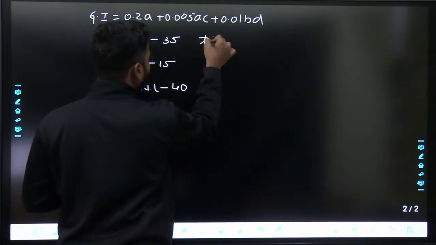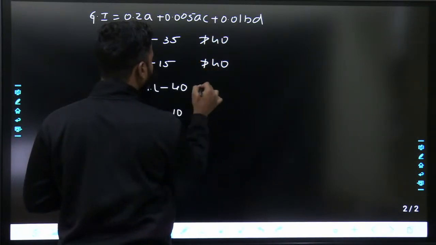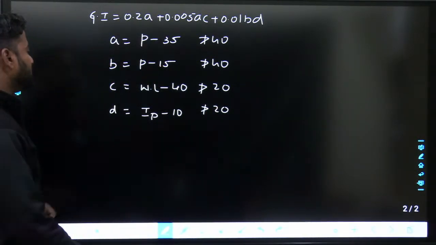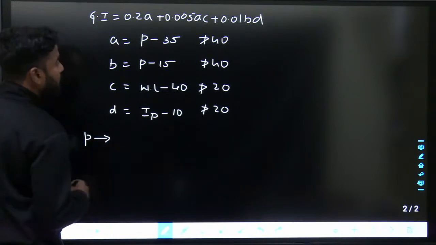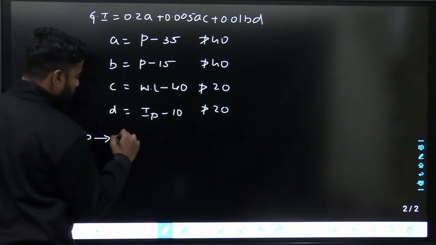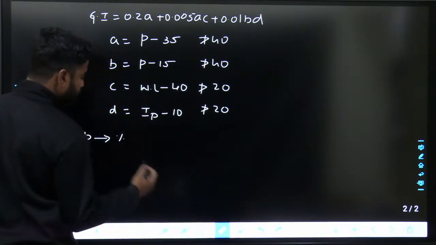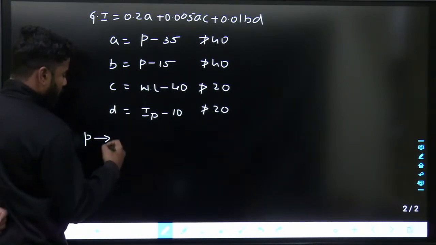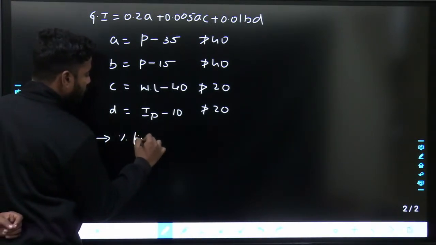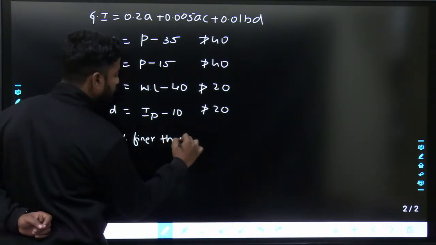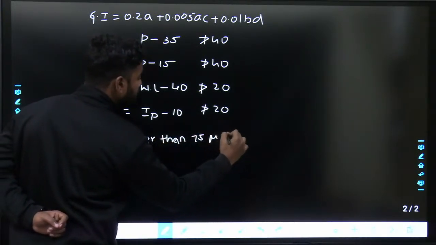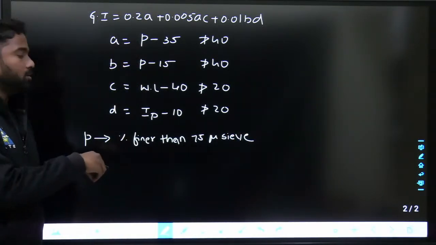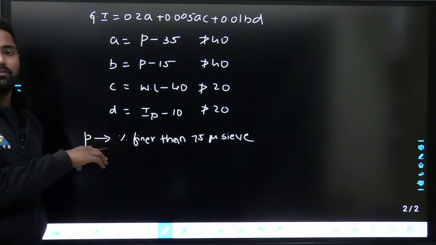A should not be more than 40, B should not be more than 40, C should not be more than 20, and D should not be more than 20, where P is the percentage finer than 75 micron sieve.